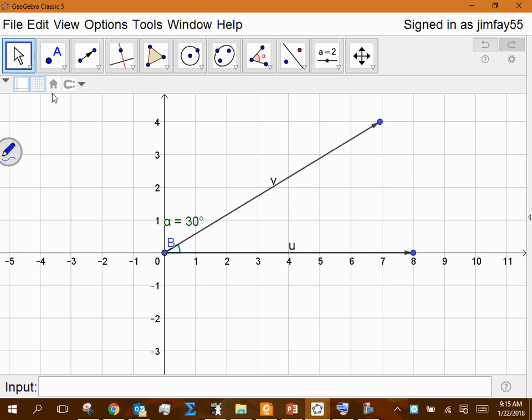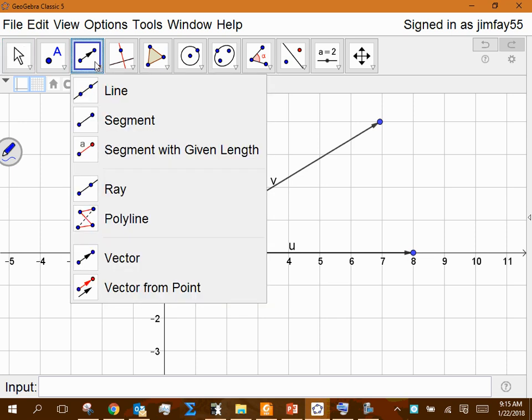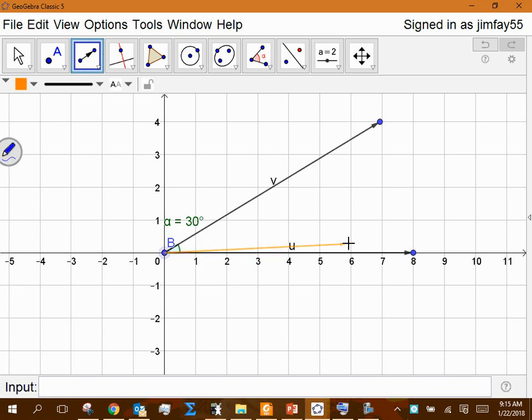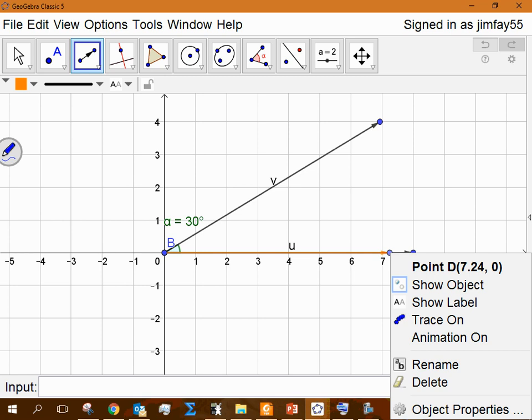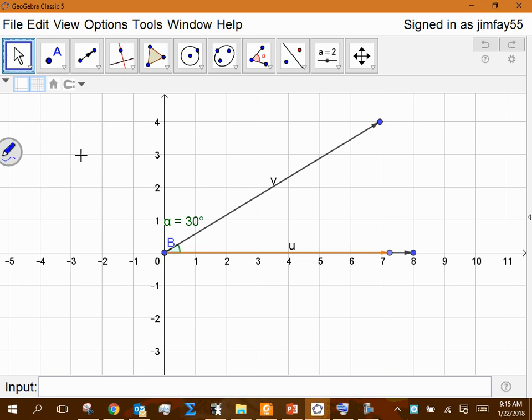But what we're seeing here is that if I take this vector, which is just the side of an angle, so I take this ray, and I trace it out.